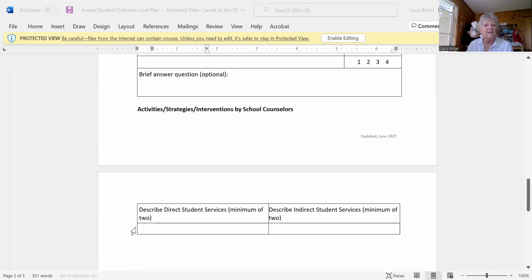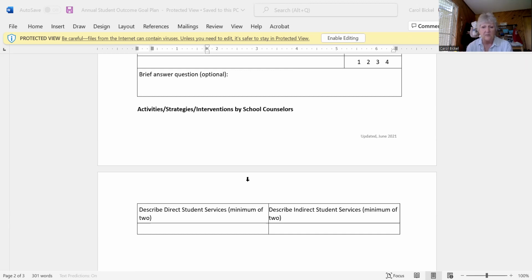Below that, now we get into direct and indirect student services. Many of you may remember this from your foundations course. We're going to study it in more depth later on in this course. But direct student services are when you are doing classroom interventions, working one-on-one, small groups, those kinds of things directly with students.